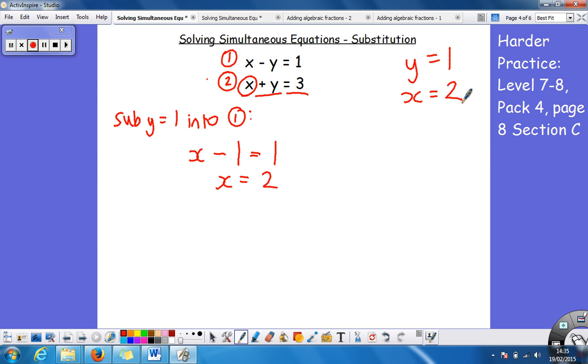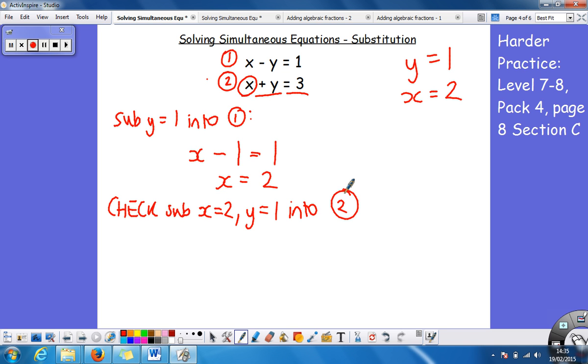Same check as normal, slightly harder question, but the same checks happen as normal. So I check by substituting x equals 2 and y equals 1 into the equation that I didn't use. I haven't used equation 2 yet, so I'll substitute into that.